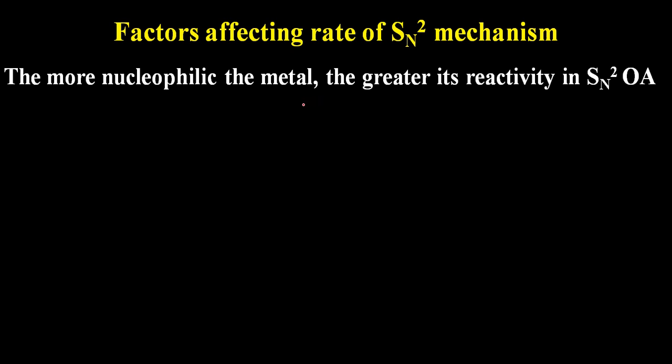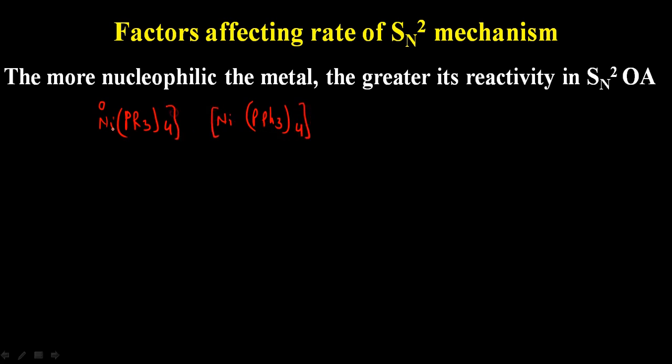So this can be illustrated by using some nickel compounds in which different substituents are attached. So if we have trialkyl phosphines attached to nickel, in all these compounds nickel will be in zero oxidation state. Then we have triphenyl phosphines, 4 such ligands.